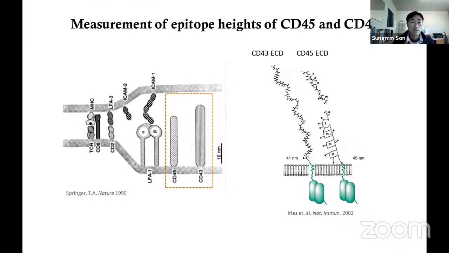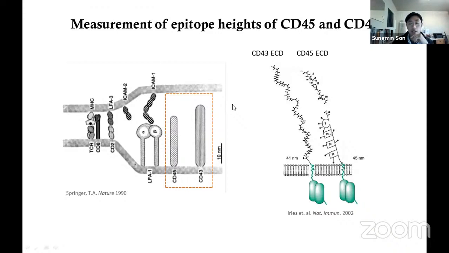The reason why the size of these proteins is very interesting is because they are segregated from the activating immune interfaces. And it's thought to do that likely because of this large ectodomain size.